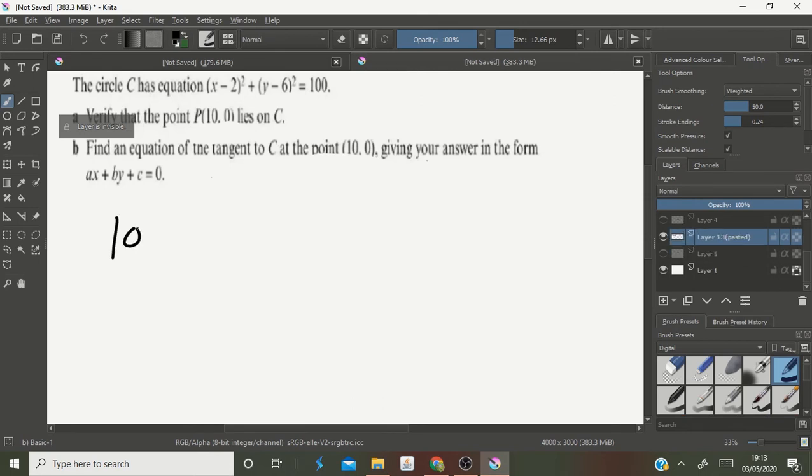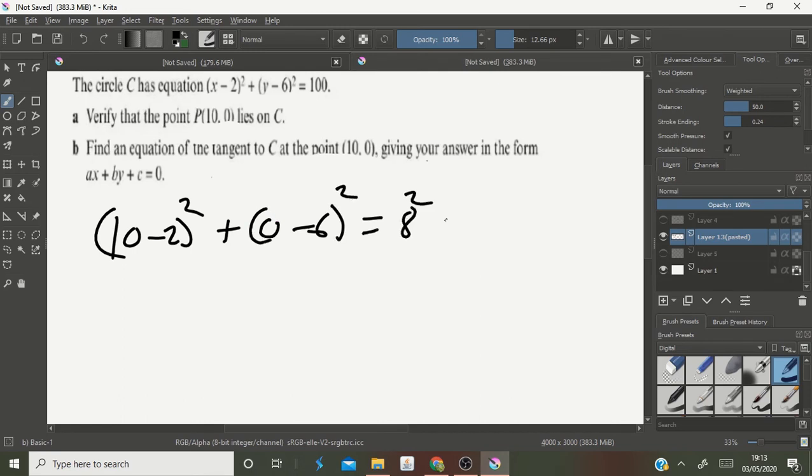So to do that, we get 10 minus 2 all squared plus 0 minus 6 all squared, which is the same as 8 squared plus 6 squared, because negative times negative is positive, which is 64 plus 36, which is 100, which, as we know, is identical to 100, or the right-hand side.